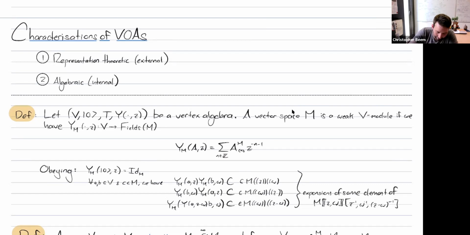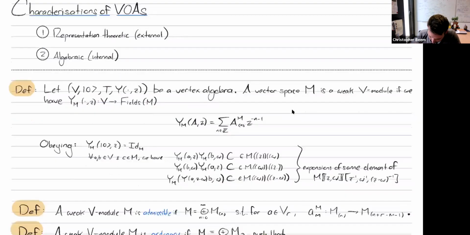Representation theoretic characterizations are properties that hold at the level of the family or the category of modules for the vertex algebra, which I'll define momentarily. Whereas if you're more focused on the intrinsic algebraic structure of the vertex algebra, you might be more interested in something you could check in an automatic way using the data of the OPEs, without having to conjure some thing that it acts on. But the representation theoretic ones are the characteristics that dominate the literature.